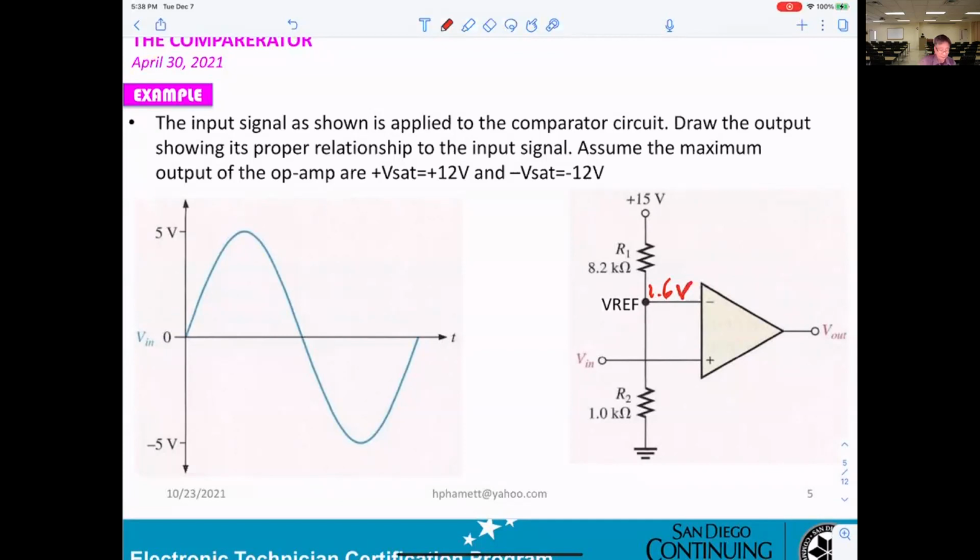So now in here, I can draw V reference, 1.6 volt. So now, when the input is less than 1.6, the output will be negative. Okay, it will be negative from here.